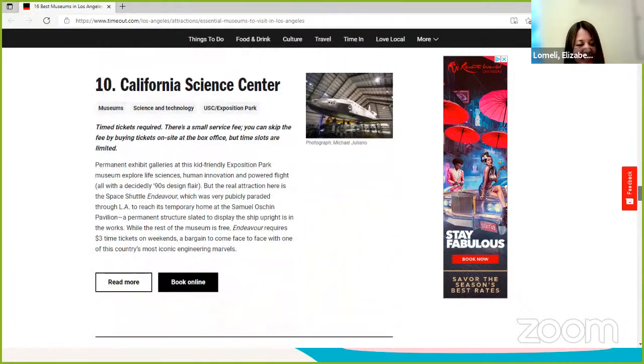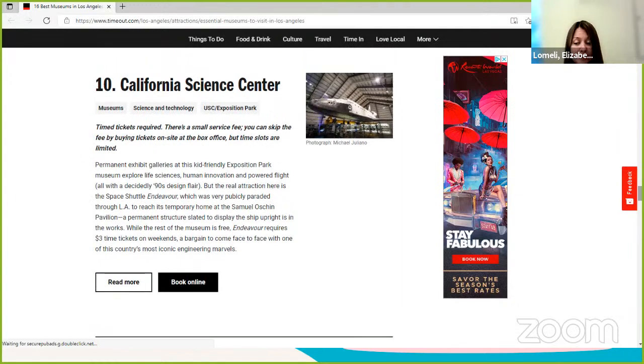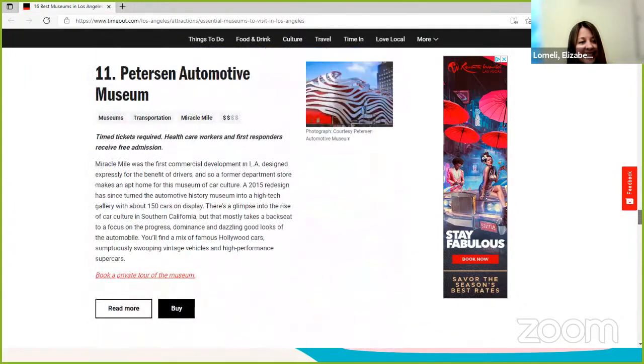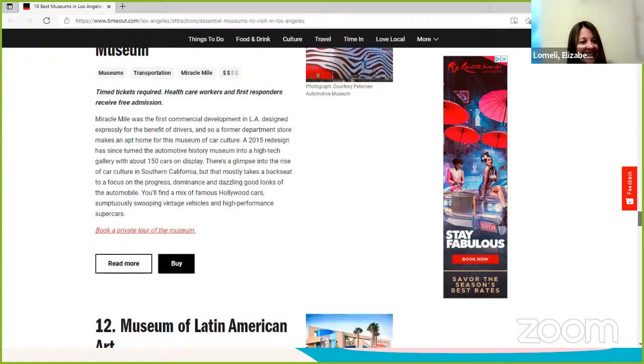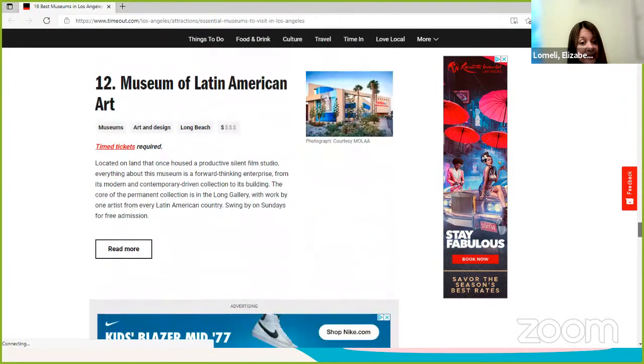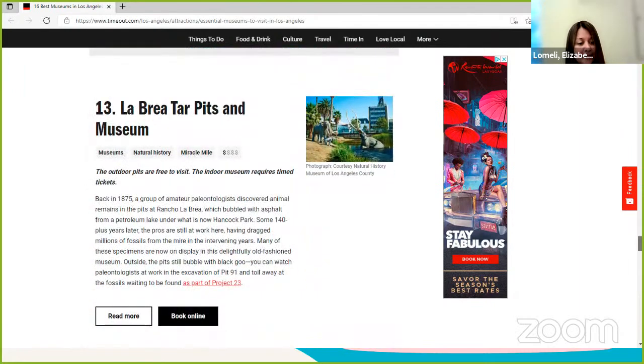California Science Center. Remember, you can also take a hike up to the Griffith Observatory, as we saw at our virtual field trip of the LA parks. Keep going. And we've got the Peterson, there it is, automotive. And then we've also, and that's easy to get to, the Museum of Latin American Art, right? That's beautiful too. The La Brea Tar Pits Museum.